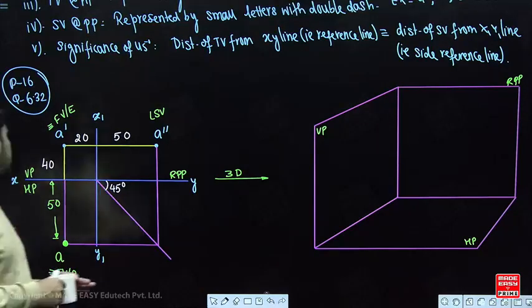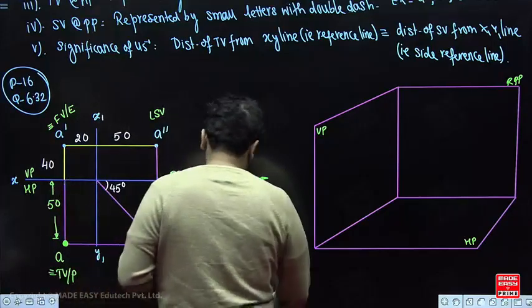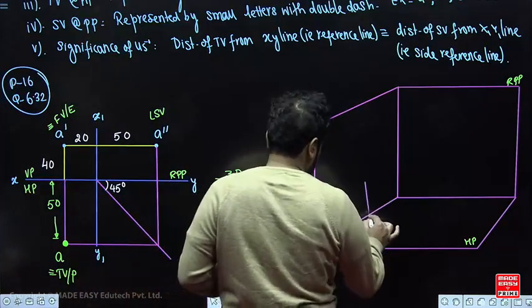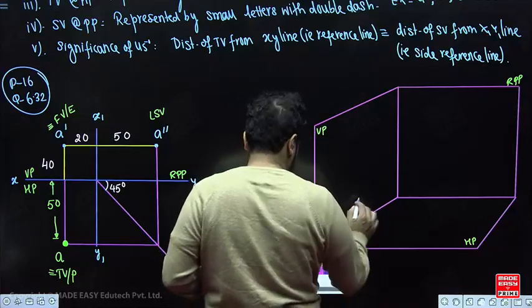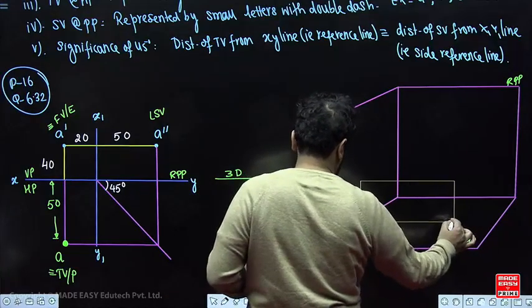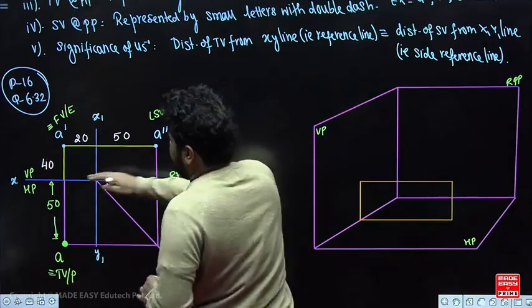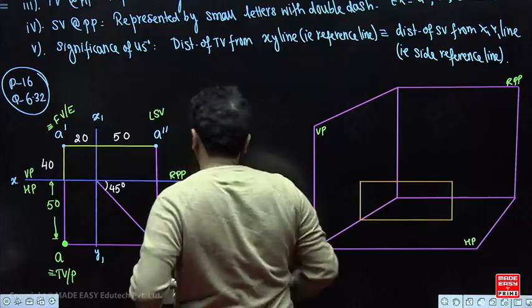Now see, point is 40 mm above, correct? Now see how we make this. See very carefully. Point A dash is 40 mm above XY.